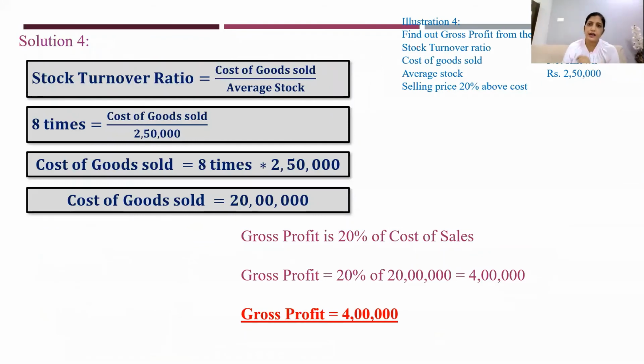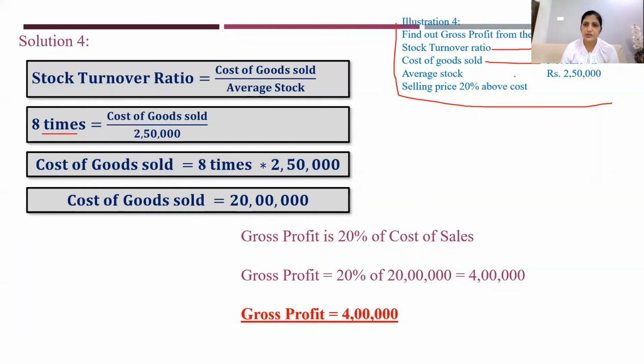Now, again, I have taken the problem here. Stock turnover ratio is equal to cost of goods sold divided by average stock. We know the stock turnover ratio, this is 8 times. Cost of goods sold, we don't know.